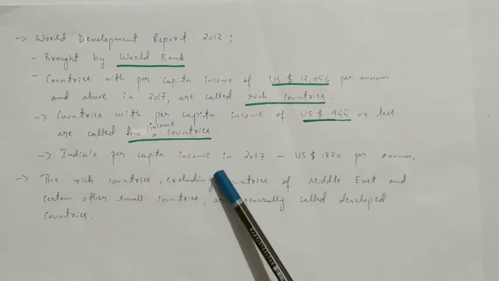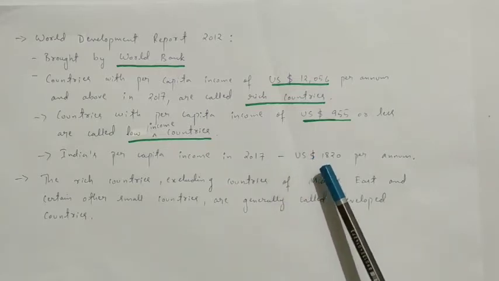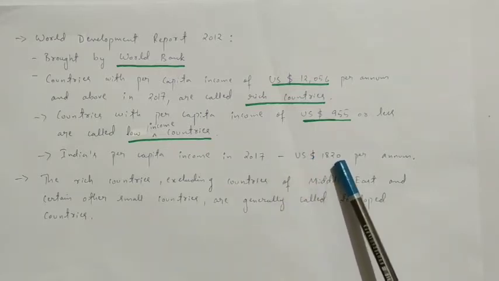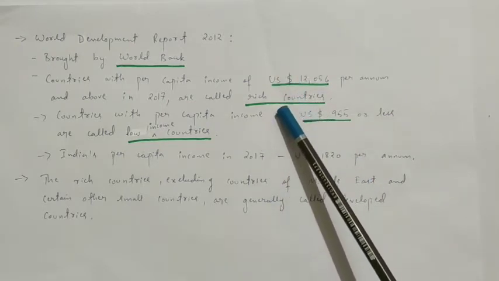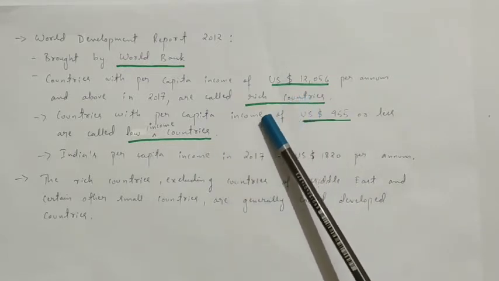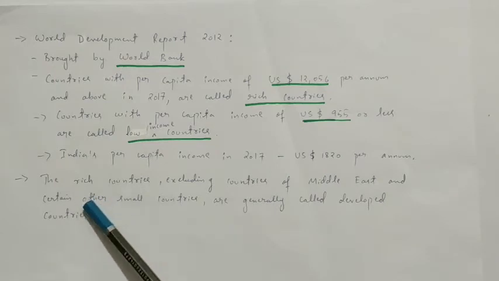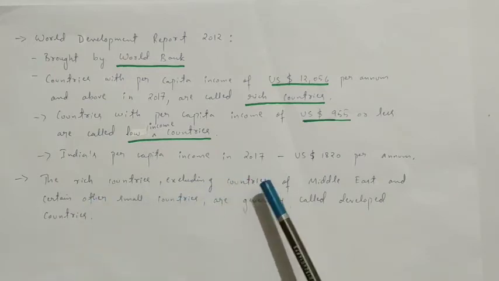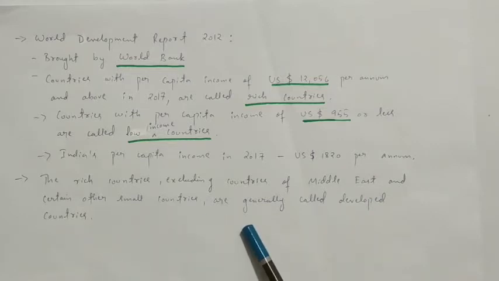India's per capita income in 2017 was US dollar 1,820 per annum. Here you can see that the rich countries or low income countries are classified according to the income.